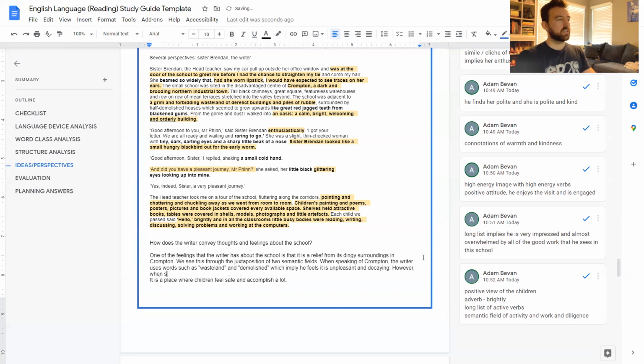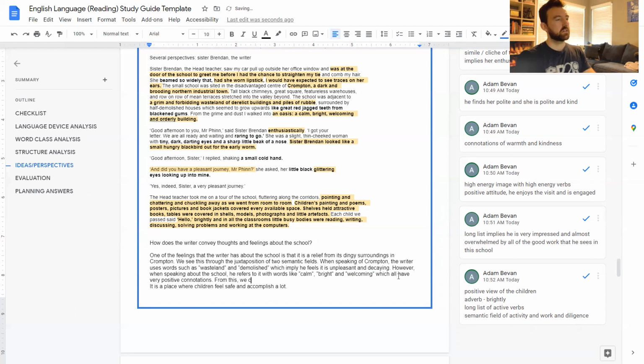However, when speaking about the school, he refers to it with words like calm, bright, and welcoming, which all have very positive connotations.